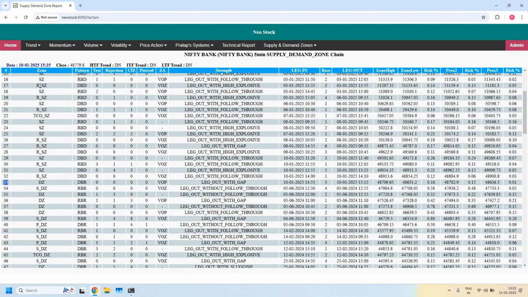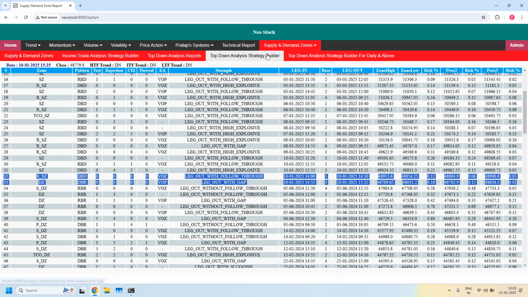All these are all supply zones and demand zones. This is the latest supply zone and the latest demand zone. That is the way we have to understand. See, all these are all in an order. So this is about Bank Nifty.